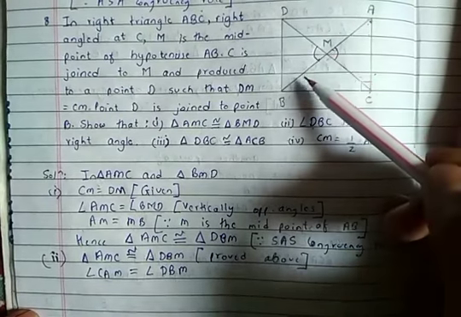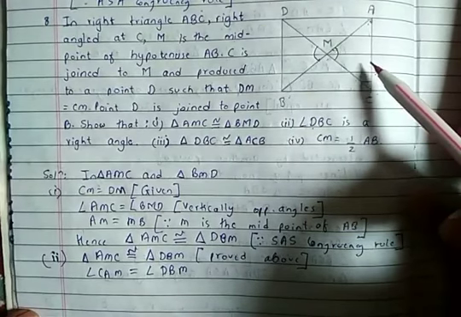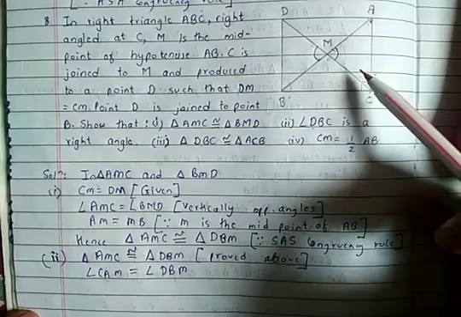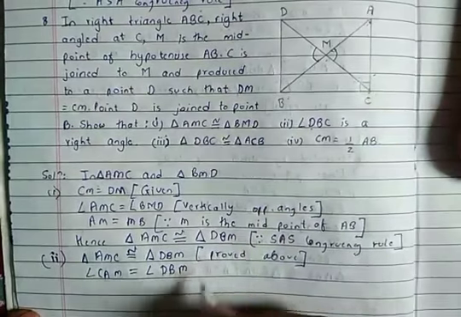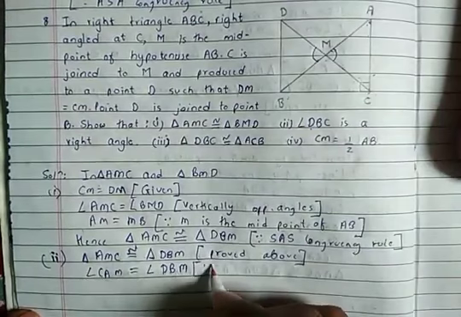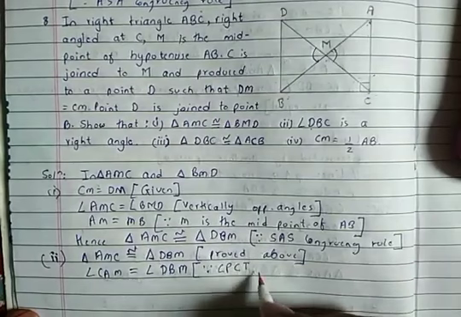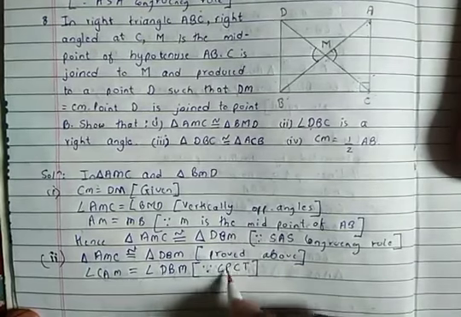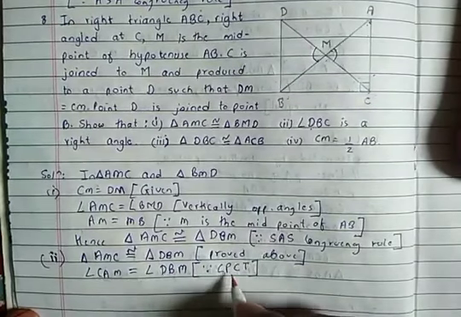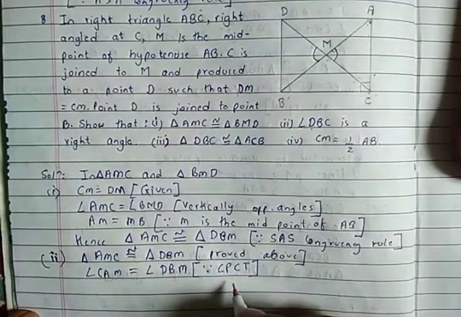Because corresponding parts of congruent triangles are equal. You know that, right? So we'll make a note of it. You can write down CPCT. No need to write corresponding parts of congruent triangles in full. You can use this short form.